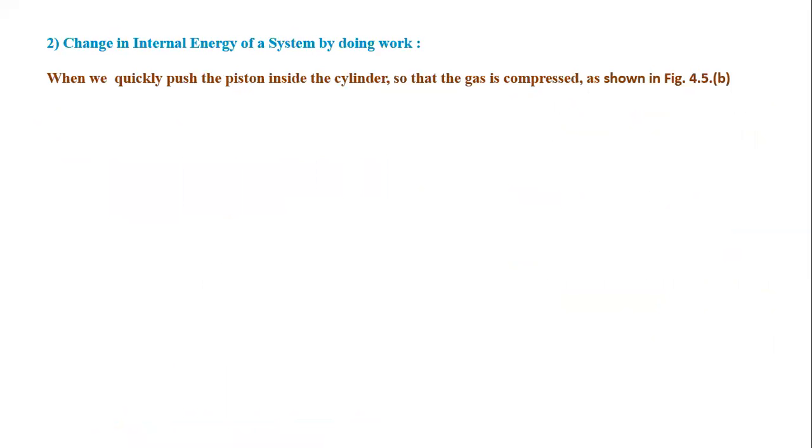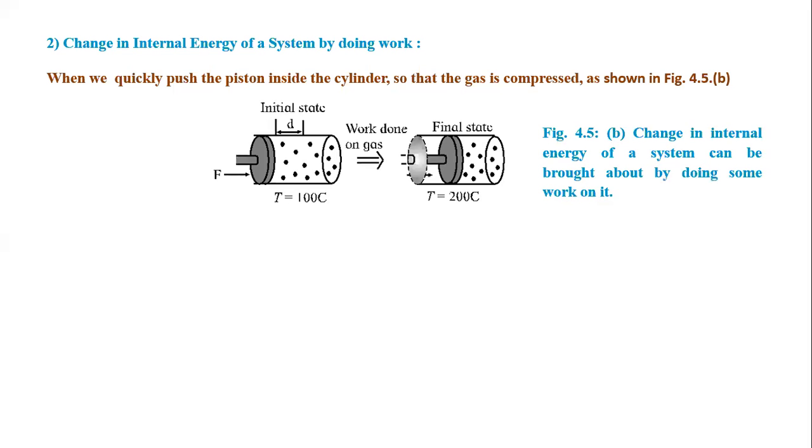The change in internal energy of system by doing work. When we quickly push the piston inside the cylinder so that the gas is compressed, as shown in the figure. Now here you can see the diagram. We push this piston with some force F, then the gas is compressed.